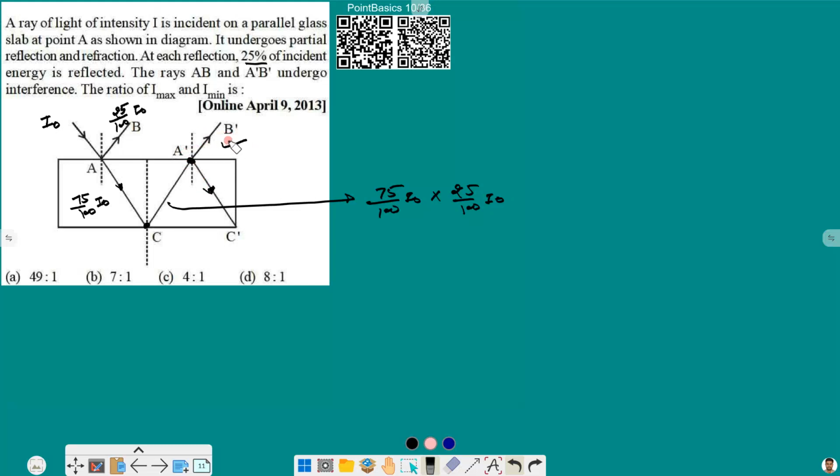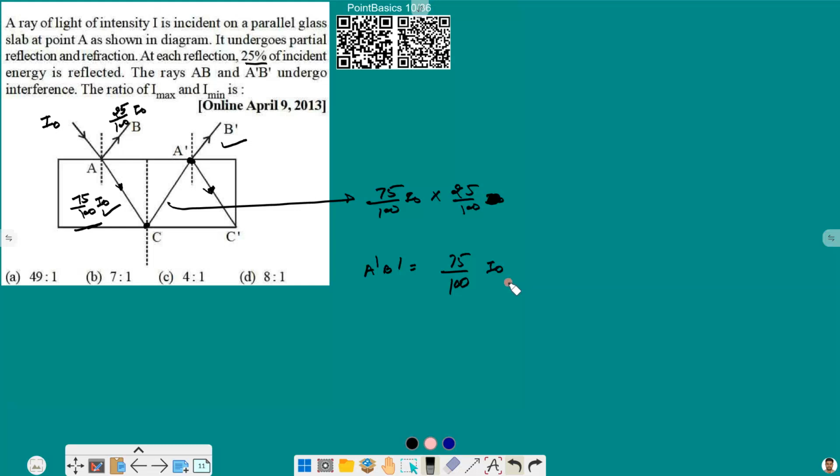So A'B' is the transmitted wave, and for transmission we have 75% efficiency. So A'B' will be equal to 75 by 100 of I node. Oh sorry, there will be no I node here because I node is already included.